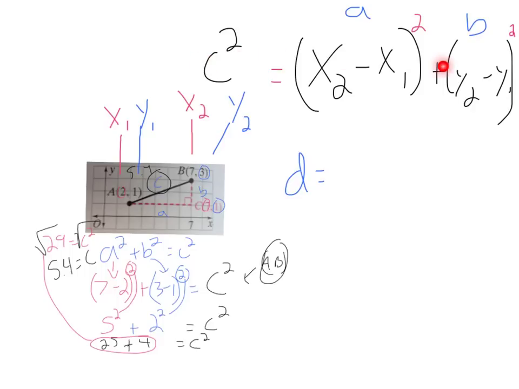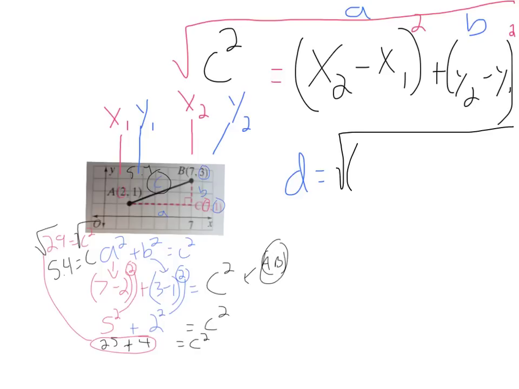So I would put a big square root sign over the whole thing. So my distance is equal to the square root of (x2 minus x1) squared plus (y2 minus y1) squared. Again, it's still kind of like the Pythagorean theorem.